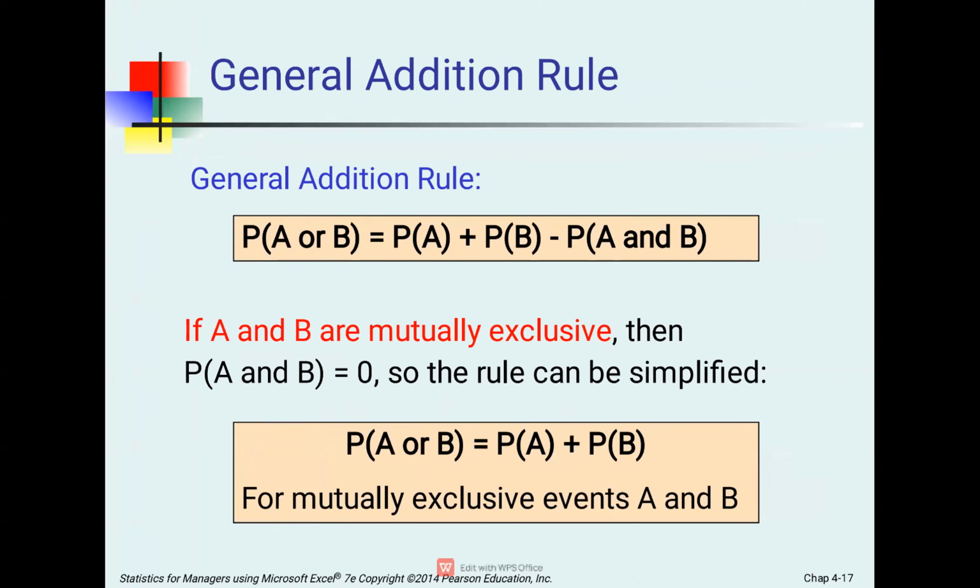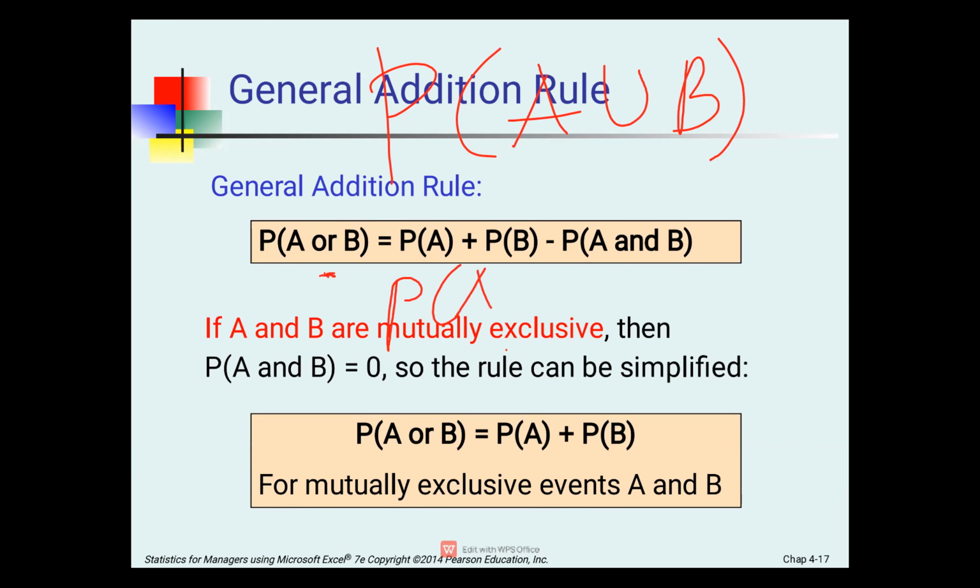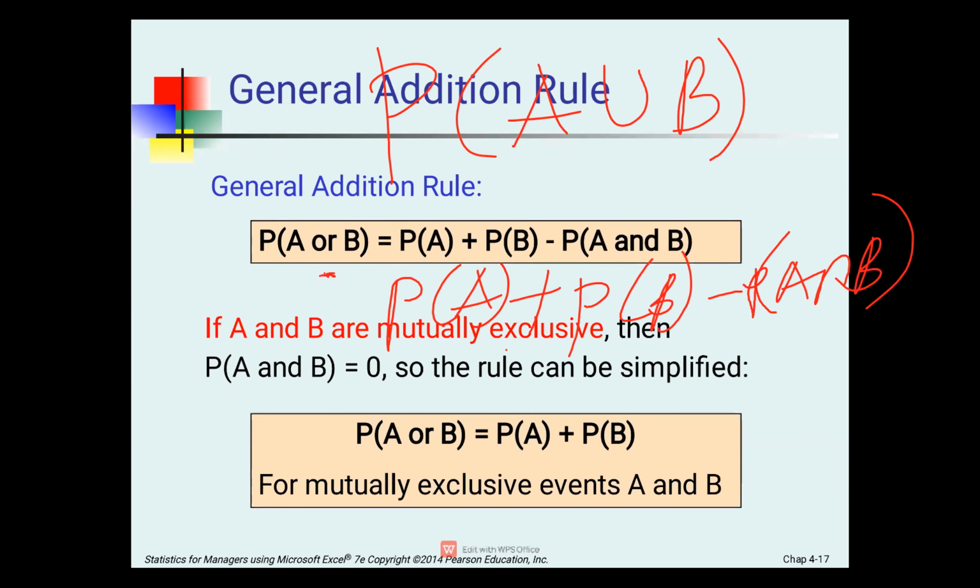Now the addition rule says the probability of A union B, or A or B. By the way, the or means add, and the union is adding still from the set. So it shall be given as the probability of A plus the probability of B minus the intersection, that is the probability of A intersection B. So that is the addition rule.